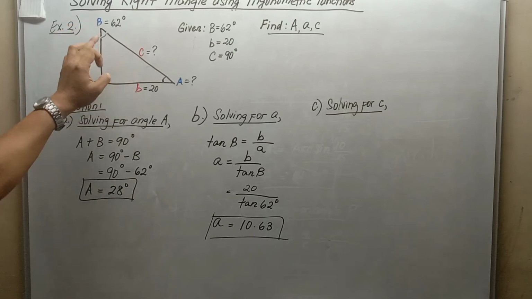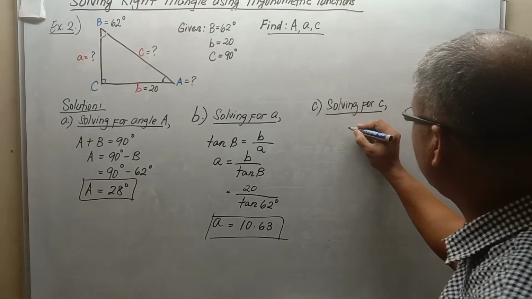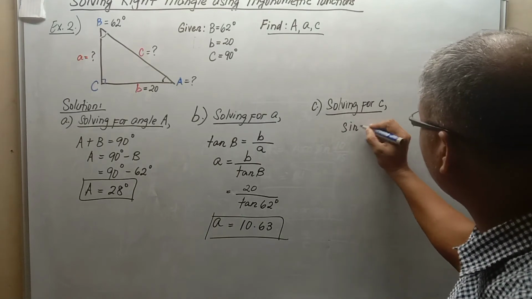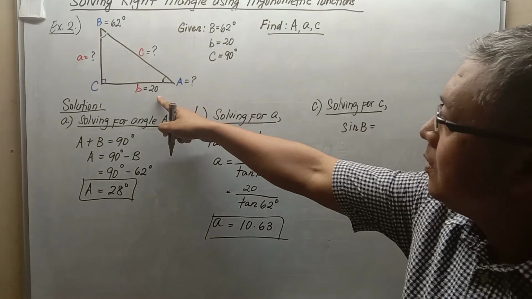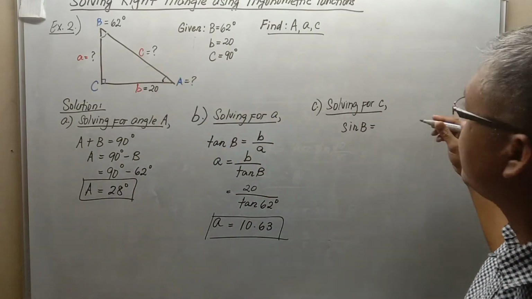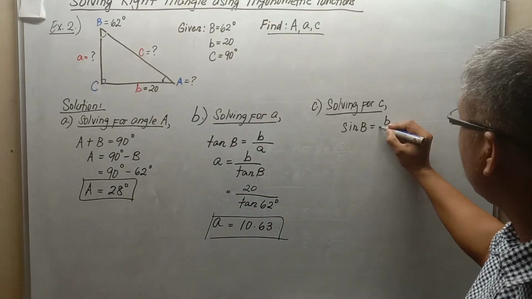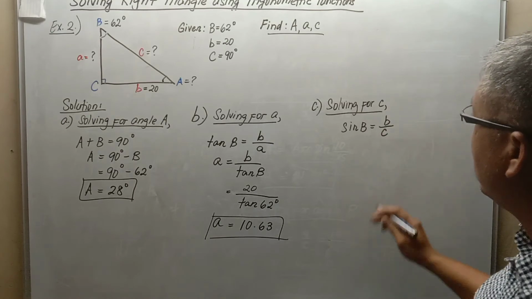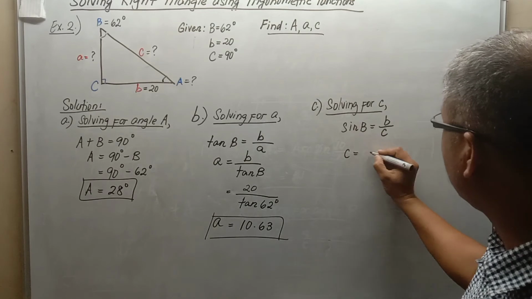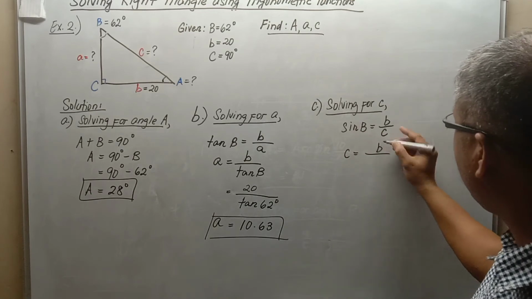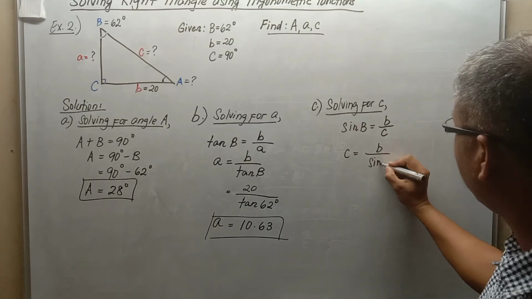So sine B is equal to opposite over hypotenuse. So rearrange, guys. You need to find the value of C. C is equal to B over sine B.